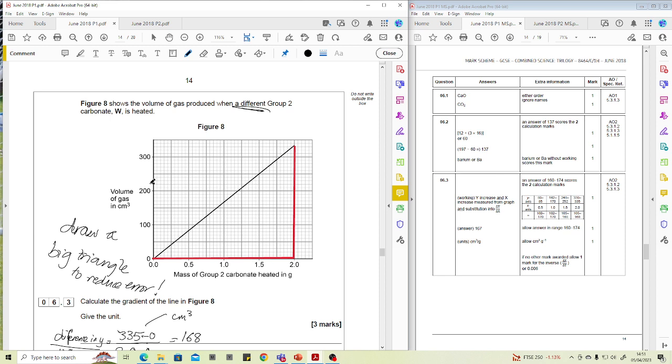There. Okay, so let's draw a decent line. Accurate to within half a small square. Not that line, this line, new line. Oh, it's not going to be easy for me, sorry. I'll do it on here.